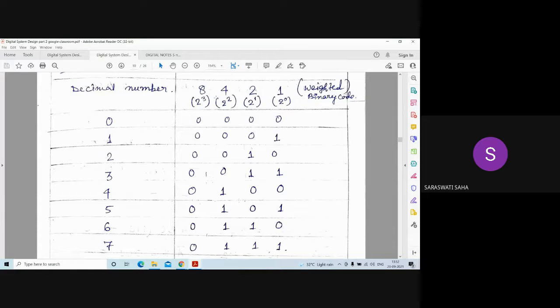This is binary code. Binary code is always a weighted code. Weighted means each place value has some weight. In the binary number system, the base is 2. In the unit place, the weight is 2 to the power 0, that is 1.